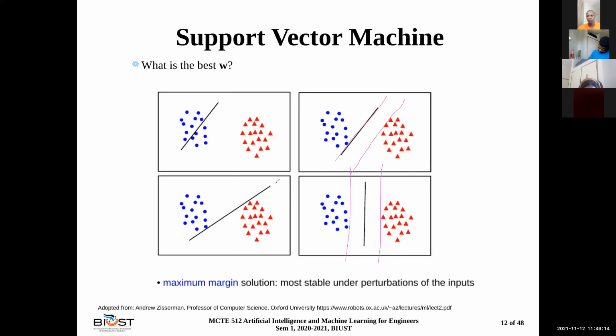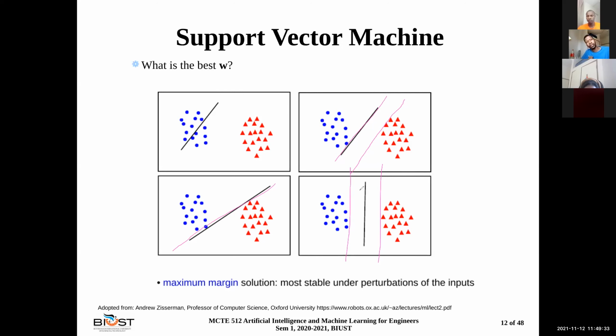Here, no margin for the red and the blue. So for unseen data, it could be easily misclassified. But here, for unseen data, there's room for it to play. So for perturbations of the inputs, it could most likely still classify the unforeseen.